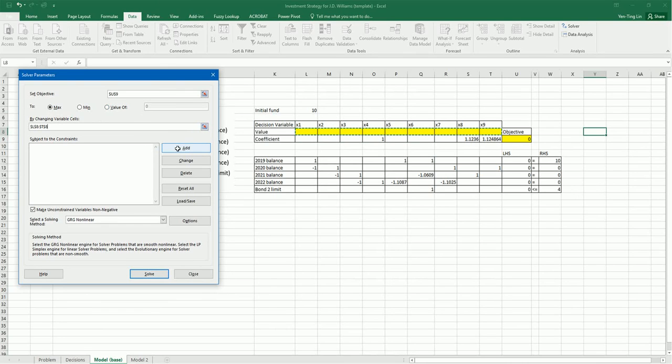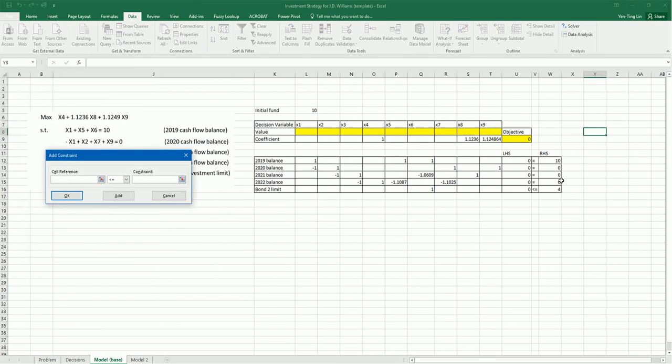Subject to constraints, you add constraints. These 4 constraints have the same sign, so we can select all of them, equal to the right hand side. Just select all of the right hand side. Click on add. They will be added into the constraints.